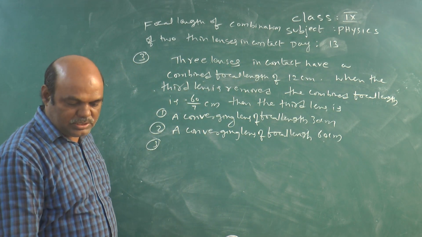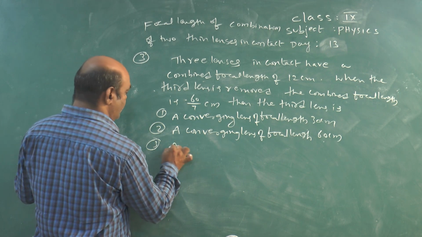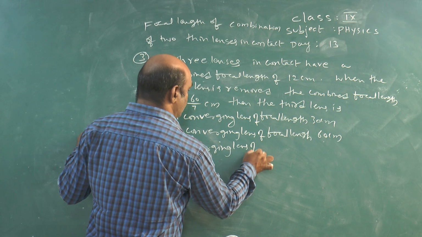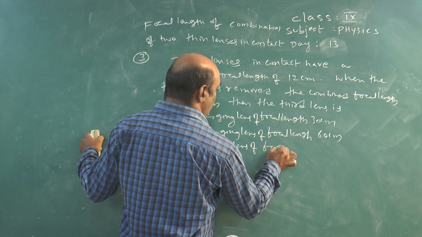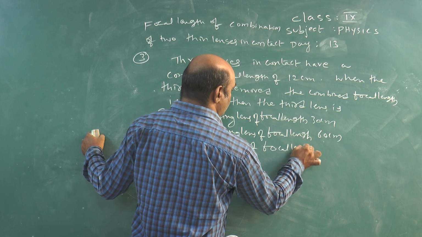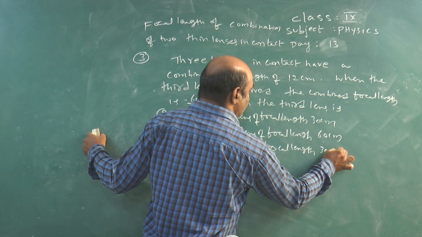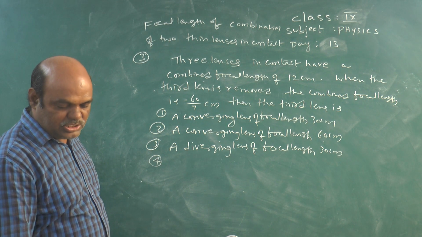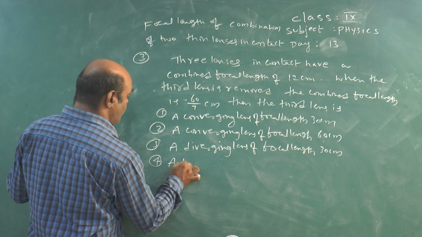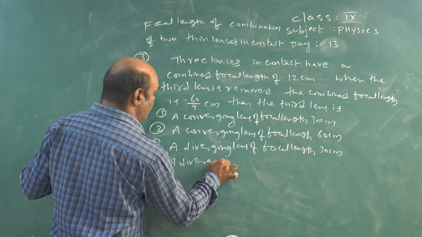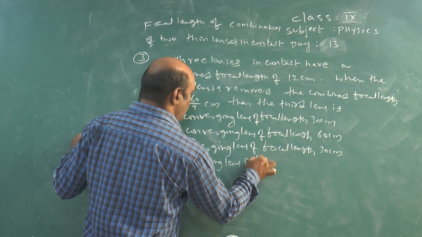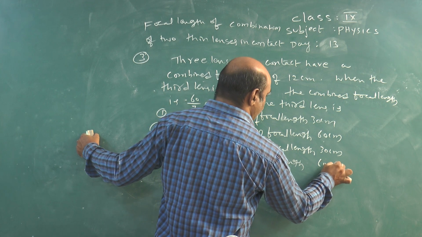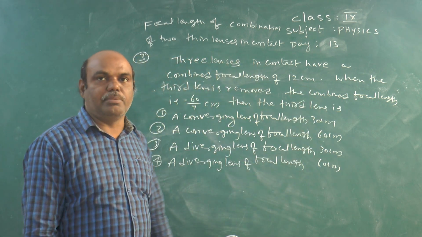And third one is a diverging lens of focal length 30 centimeter. And fourth one is a diverging lens of focal length 60 centimeter. So this is the problem given.